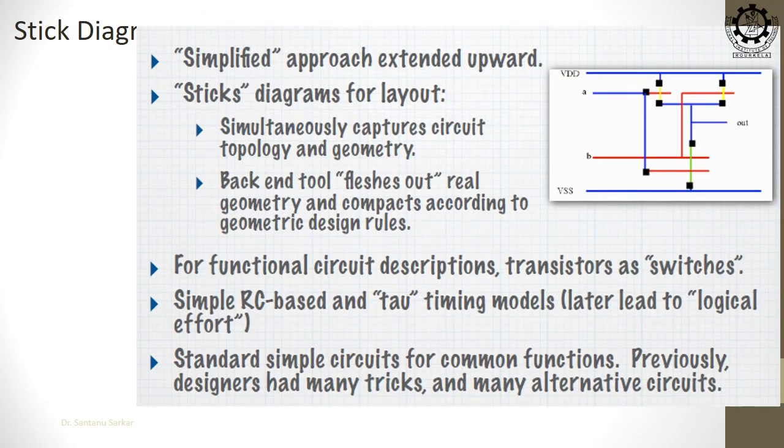Now, these are a few examples, but this is not realistic, and only on pen and paper it is okay. On the tool, this stick diagram is not that popular; rather, we follow the modern layout technique if you open Cadence. So, the stick diagram is not that popular, but for simplicity the technique is still taught in academics.